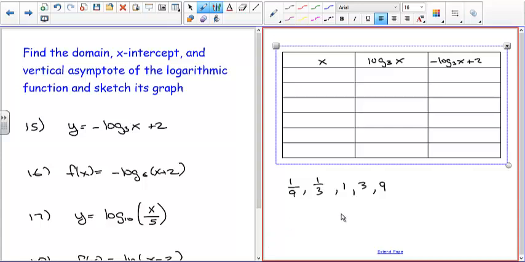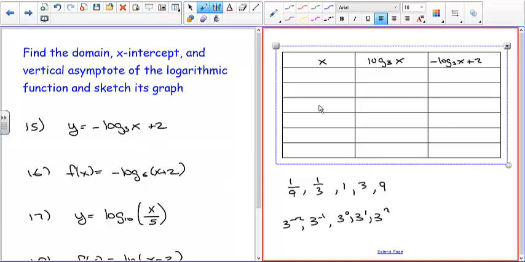What we have here is 3 to the 0, 3 to the 1, 3 to the second power. Here we have 3 to the minus 1, 3 to the minus 2. In terms of exponential notation, what value do I have to raise 3 to get x? If x equals 1, log base 3 of x, well, I need to raise 3 to the 0 power.